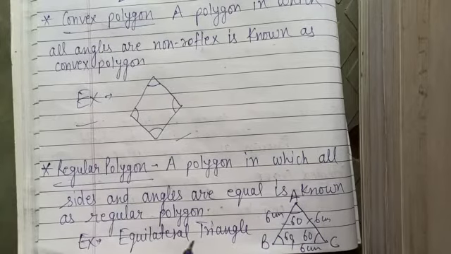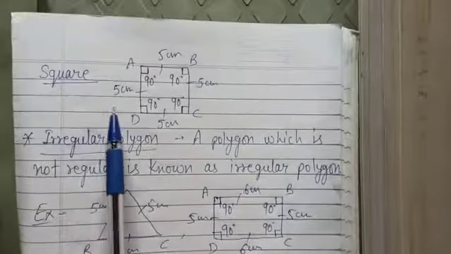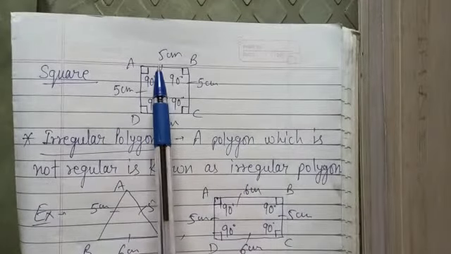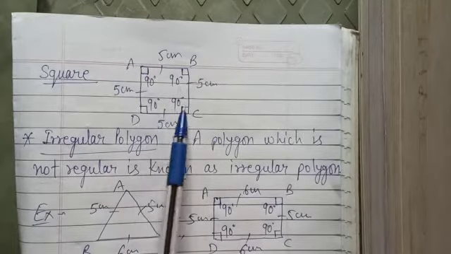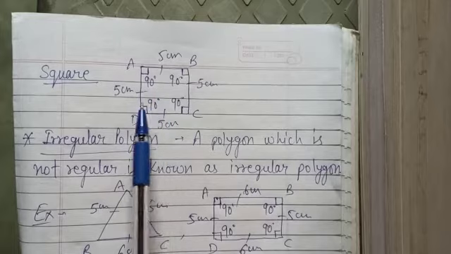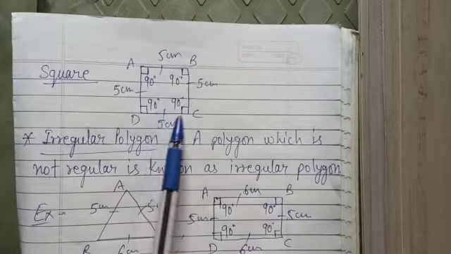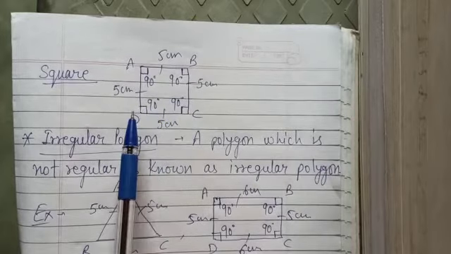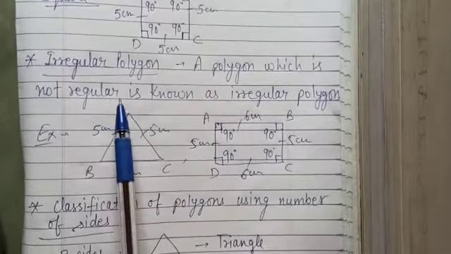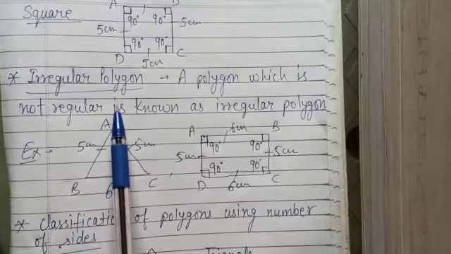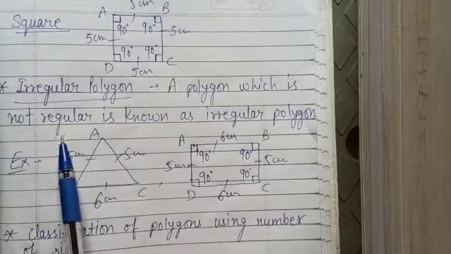Similarly, if you look at the square, all the sides are equal, and the angles are also equal. So sides and angles are equal, so this is also an example of regular polygon. Irregular polygon means a polygon which is not regular.